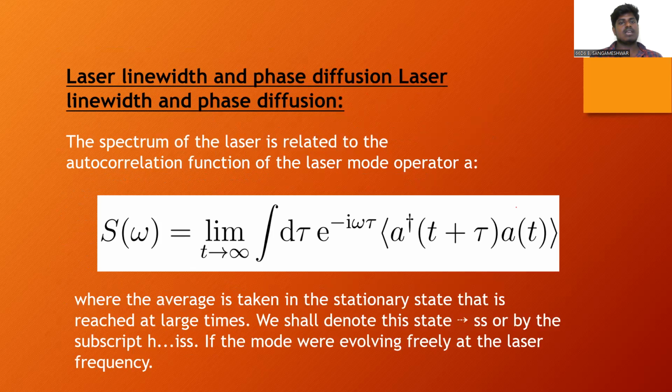Laser linewidth and phase diffusion. The spectrum of the laser is related to the autocorrelation function of the laser mode operator A. The derivation involves laser linewidth and phase diffusion, where the average is taken in the stationary state that is reached at large times.